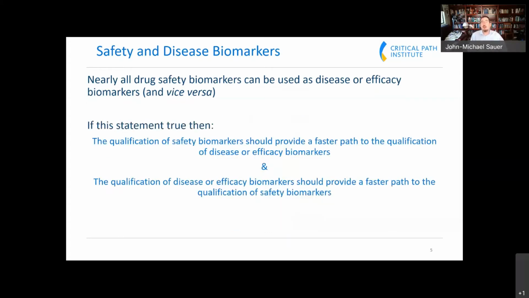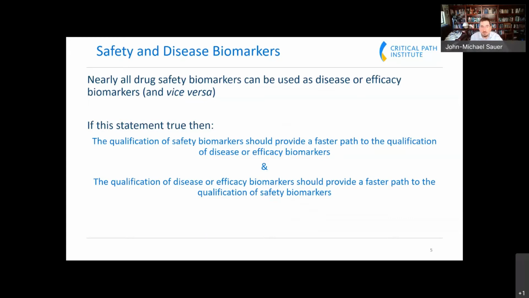So let's say I'm not wrong, right? And let's say that this statement is true, that nearly all drug safety biomarkers can be used as disease or efficacy biomarkers in drug development. That would then mean that it's going to be easier to take qualified biomarkers and actually move them to the other class.